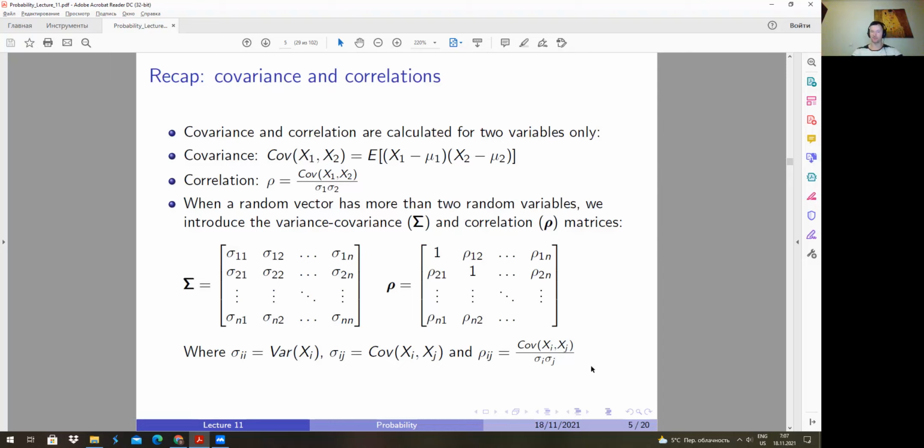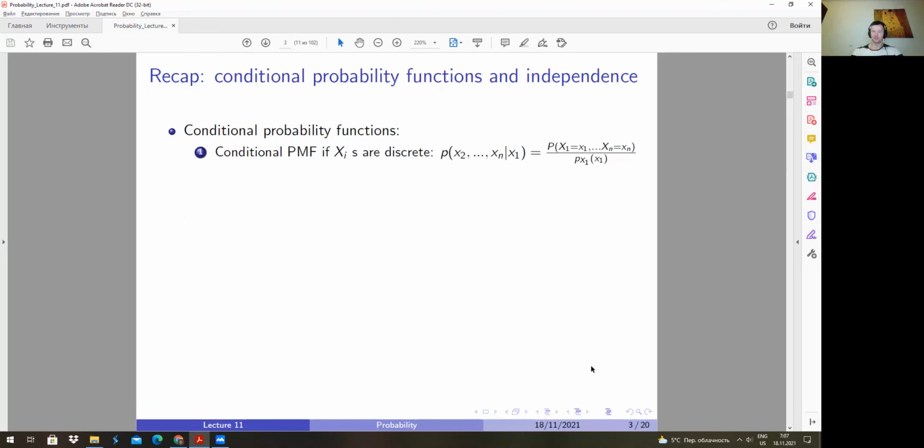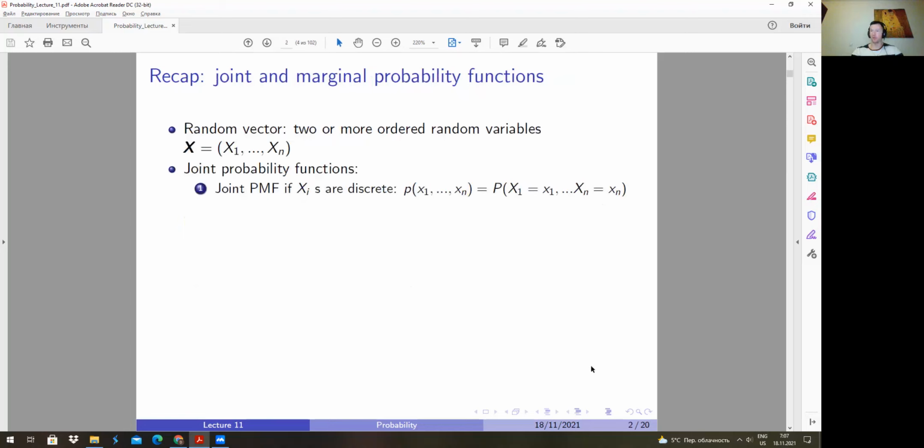Let me know if you have any questions. Let me know if you don't understand something from this. So that's the overall picture of what we already know about joint probability distributions.